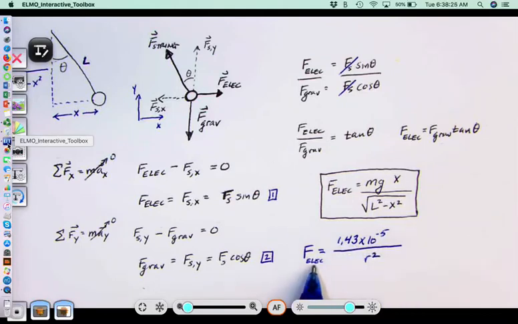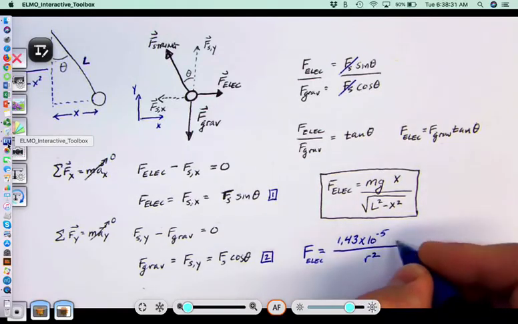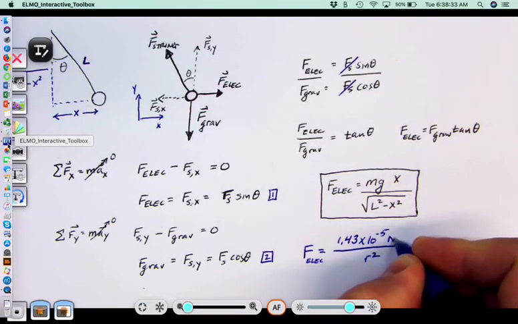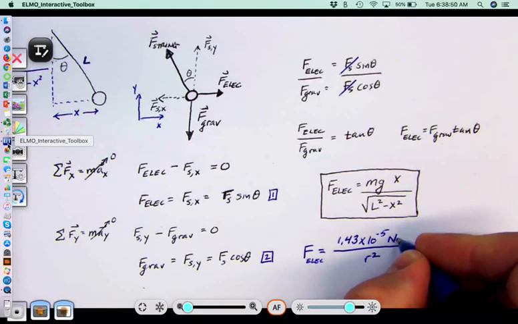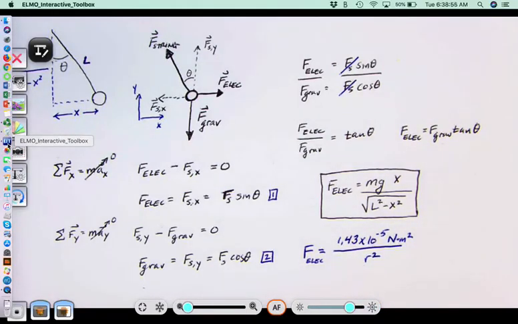Well, I know electrical force is in newtons, so this side must have newtons, and newtons isn't going to come from r squared, so there must be a newton involved in the units there. But r is going to have units. R is the distance between spheres. We measured the positions of the spheres in meters, so r squared is going to have units of meters squared. And I don't want that in my units when I get the electrical force, so I'm going to need a meters squared in that unit as well.